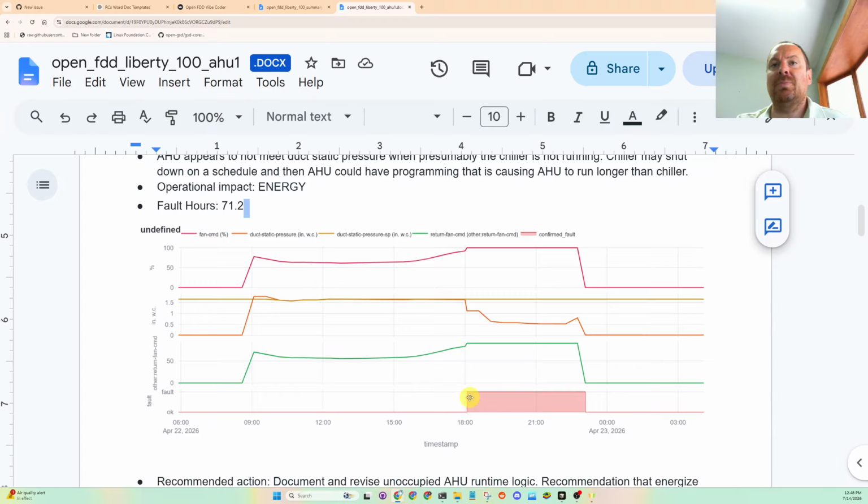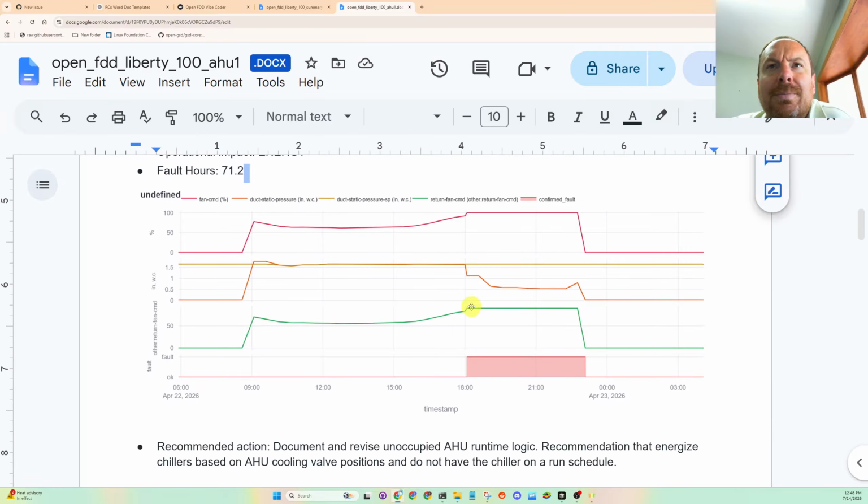Then there must be programming that keeps making this air handling unit run longer than the chiller. So the chiller stops, and I have a feeling so does all of the lovely chilled water for the air handling unit. Then the duct static pressure appears to drop, and the fan goes up to 100%. That's when we flag this as a fault.